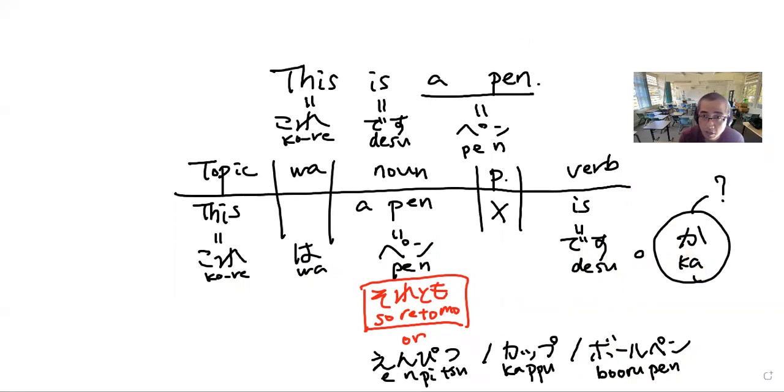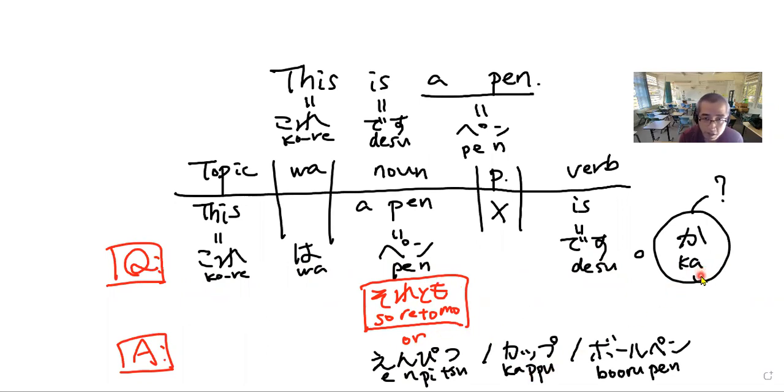So, let's make it clear. If the question sentence is これはペンですか? それとも鉛筆ですか? the answering sentence would be これは鉛筆です。Or just say 鉛筆です。Also, これはペンですか? それともカップですか?